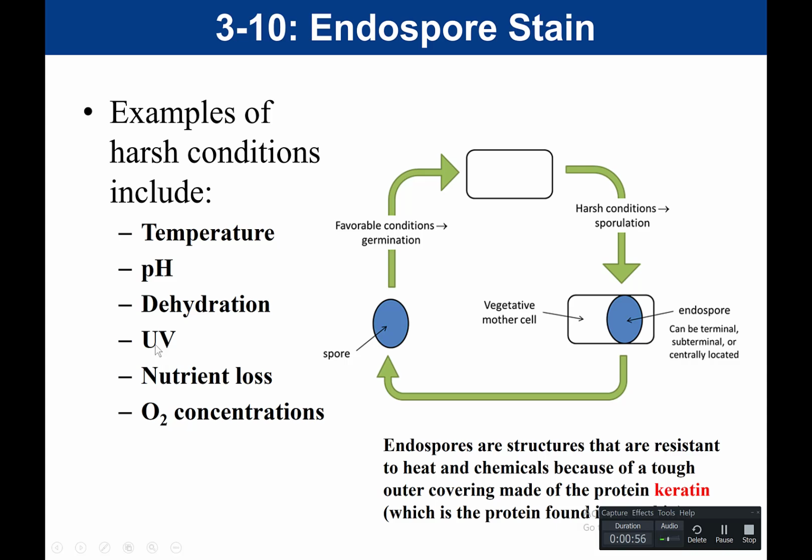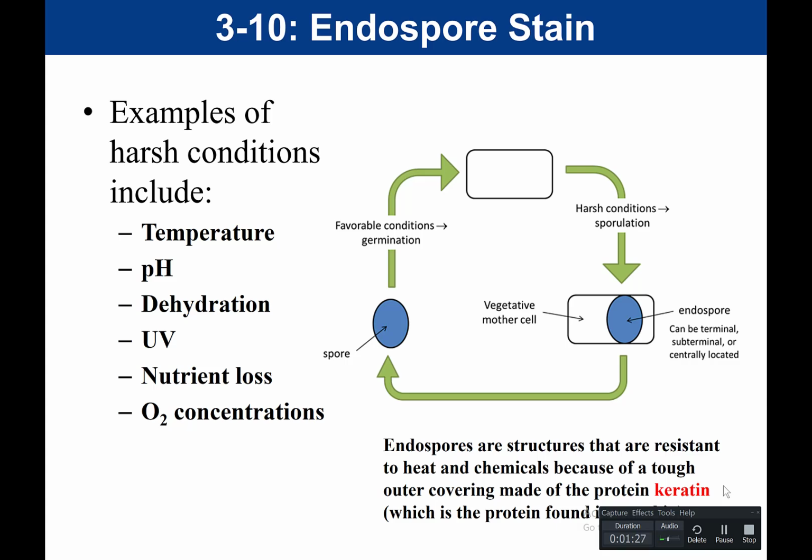And when they experience these harsh conditions, they will go through the process of sporulation, meaning that they will form an endospore. You want to know that the endospore is made of the protein keratin, which is found in skin. Because of that tough keratin protein, it makes the endospore very resistant to these changes.